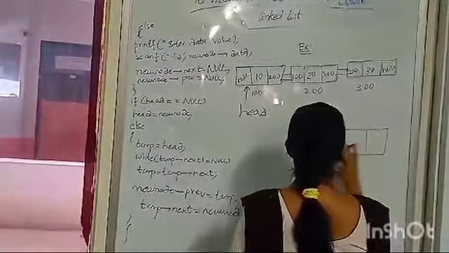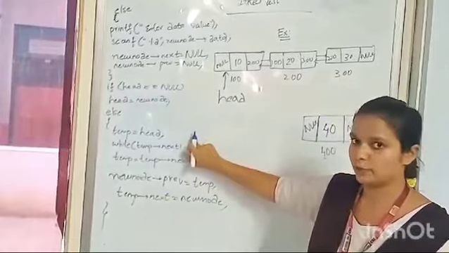After completion of this part, we don't know whether the list is already created or not, so first we check that. If head is equal to null, which means the list is just now created, then we assign head is equal to new node. But here the head value is already 100, so it is not equal to null and we enter into the else block.